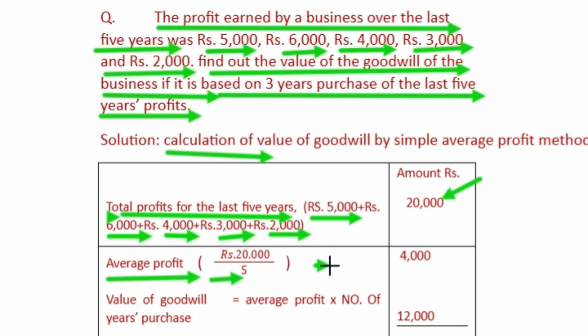So the average profit is 4,000, and this 4,000 is to be maintained in the upcoming period of 3 years, that is, it is to be multiplied by 3. So value of goodwill equals average profit into number of years' purchase, and the 3 years is given.